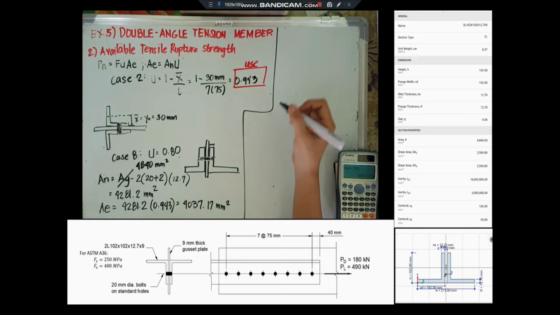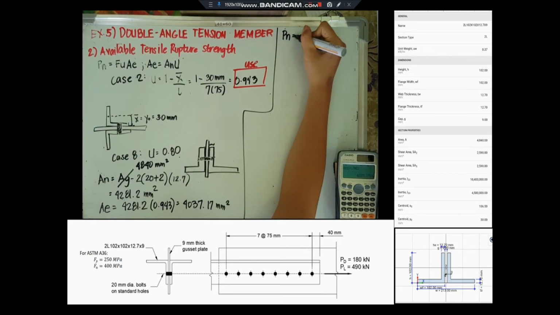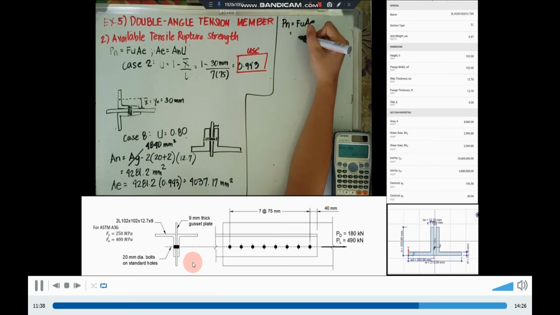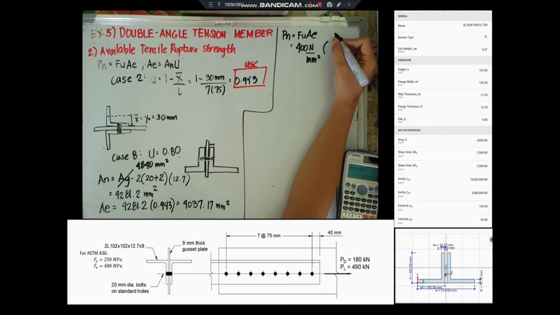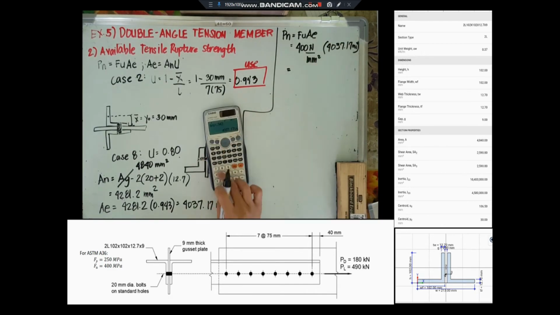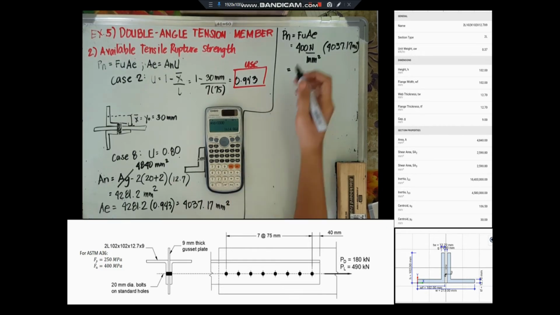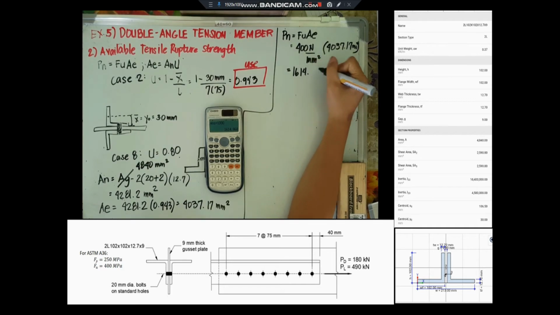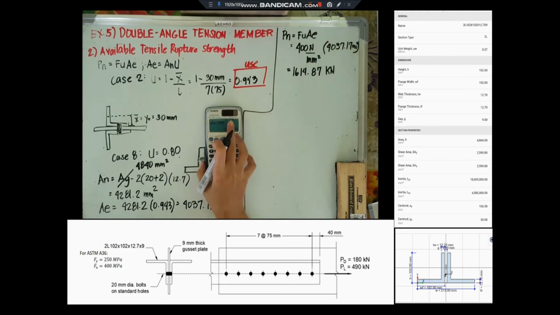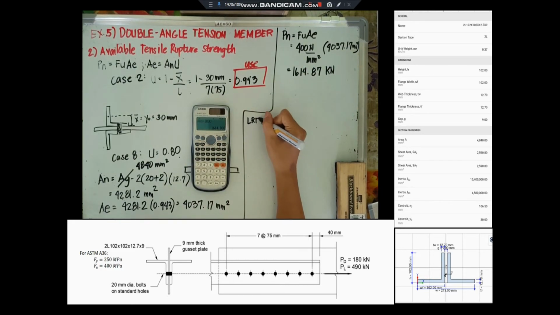And for our nominal tensile strength, our tensile stress is equal to 400 Newton per square millimeter. So our Pn would now be equal to 1,614.87 kilonewton. So under LRFD, we'll multiply it with 0.75.